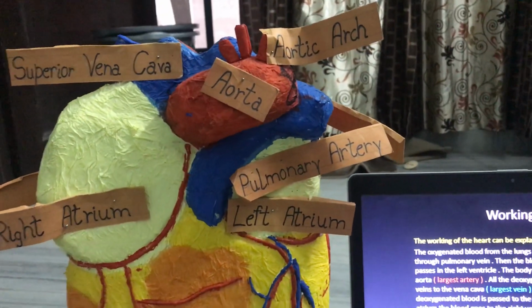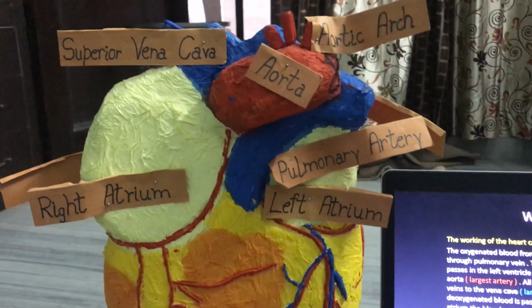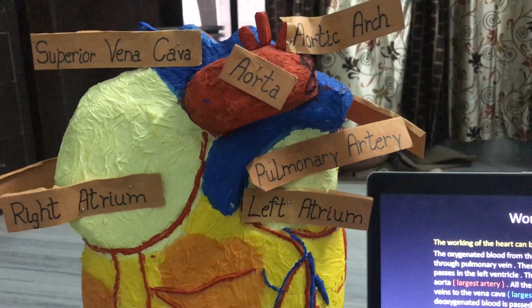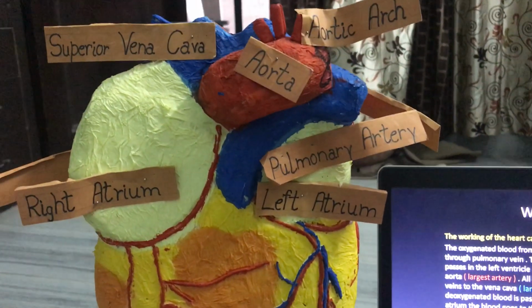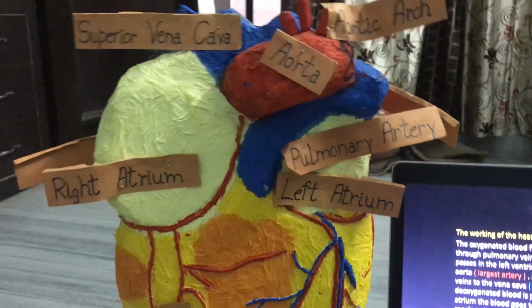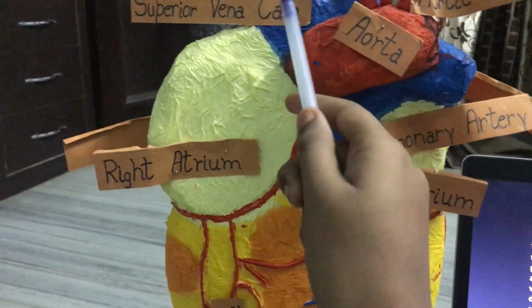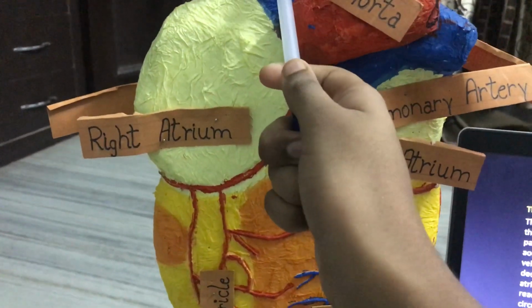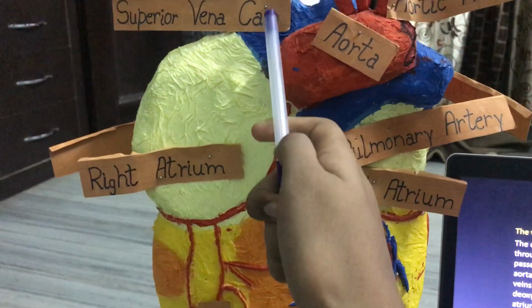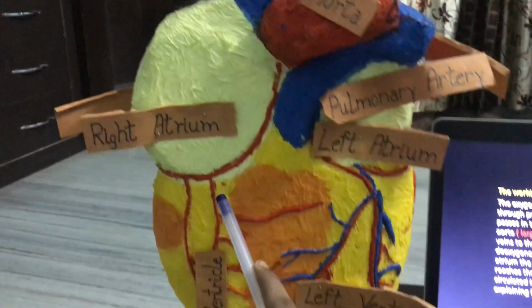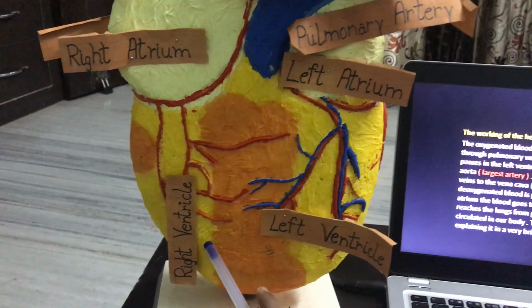Then the veins present in the body collect all the deoxygenated blood and transfer it to the vena cava, which is the largest vein. See, here is the vena cava. From the vena cava, all the deoxygenated blood is passed to the right atrium, then to the right ventricle.